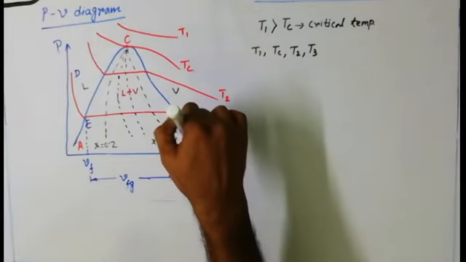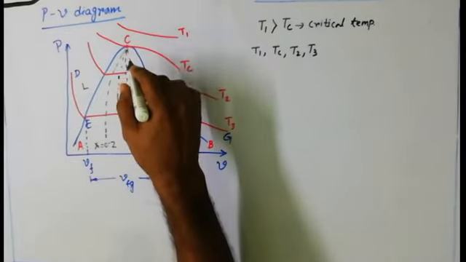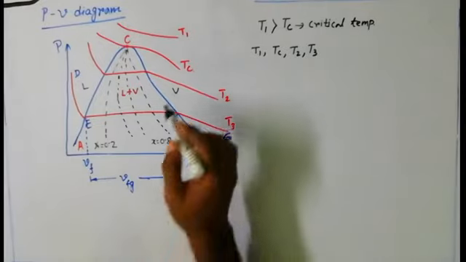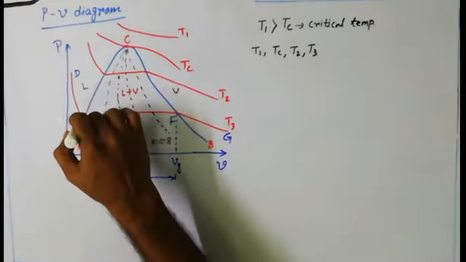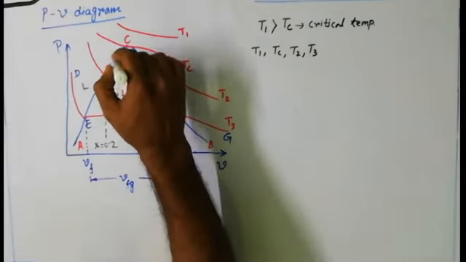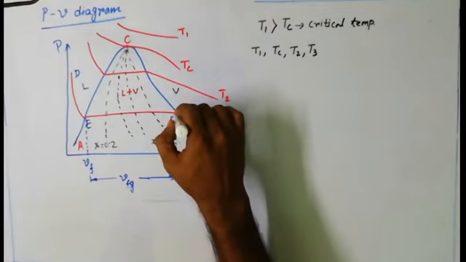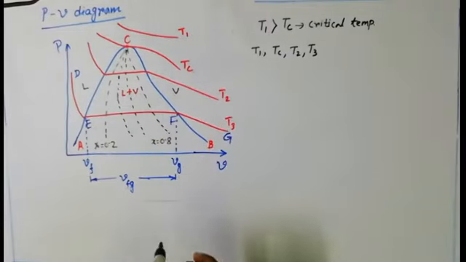Several temperature lines will be there, and by joining all those temperature lines we get this kind of ACB curve. You can see for these two curves T2 and T3, I have joined the two liquid saturation points. Similarly, these 2 points are the vapor saturation points, also lying on the same T2 and T3 temperature lines.